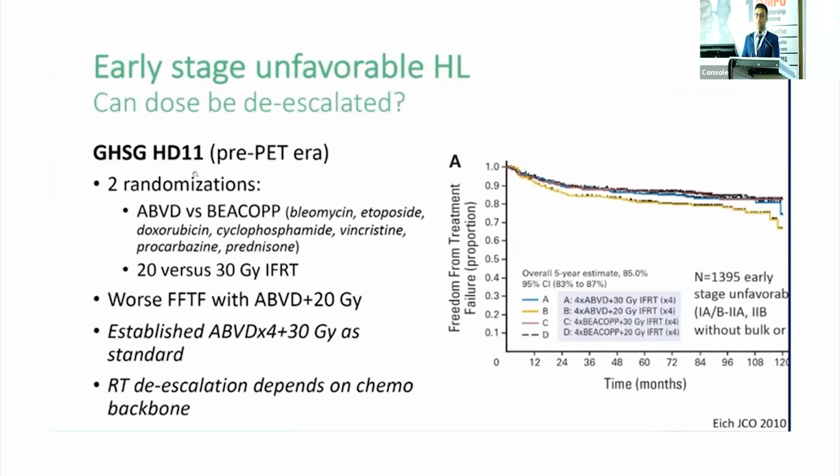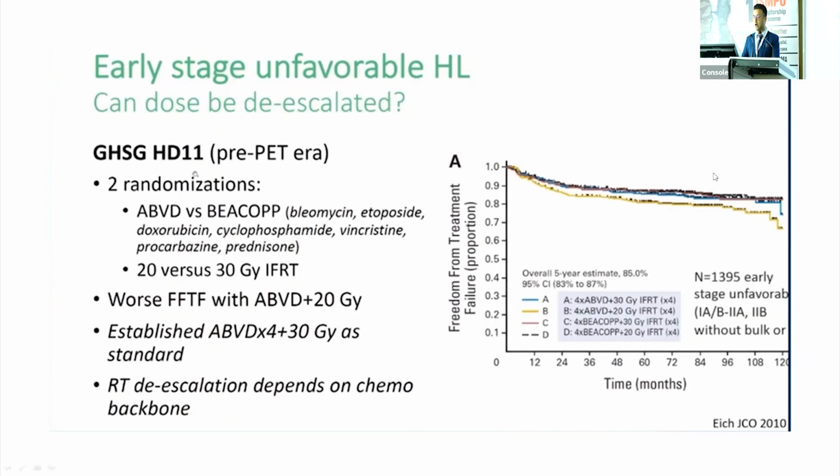Now, what data do we have for the unfavorable group, on whether there is a need for radiation post chemotherapy? This randomized trial, again a 2x2 design, studied 4 times ABVD with 30 gray, 4 times ABVD with 20 gray, 4 times BEACOPP with 30 gray, and 4 times BEACOPP with 20 gray.